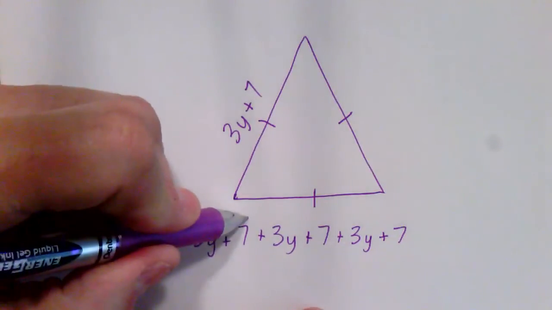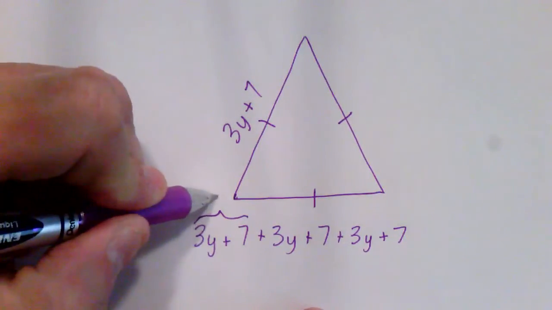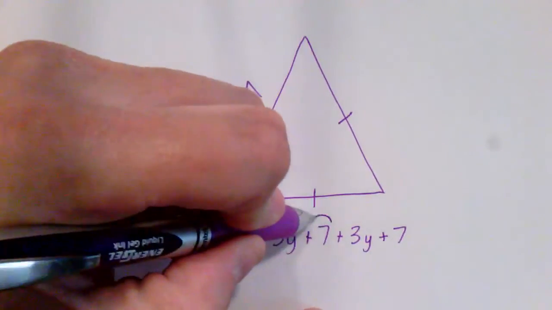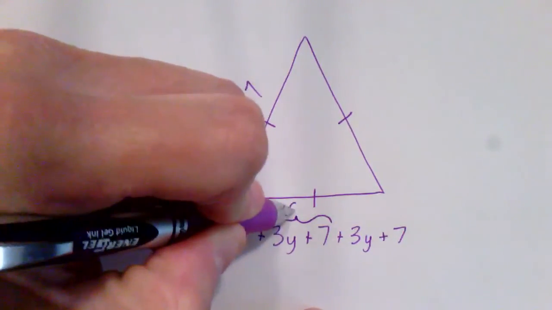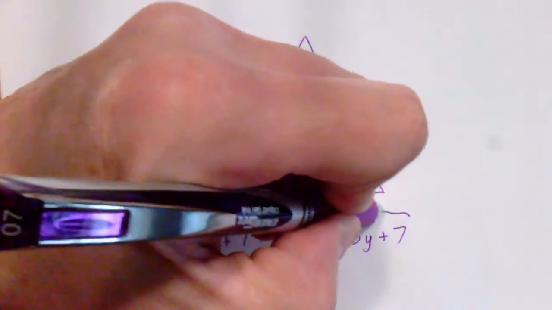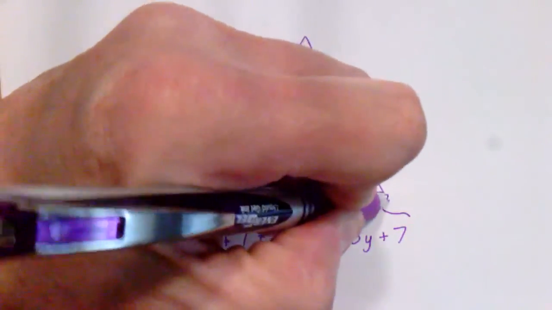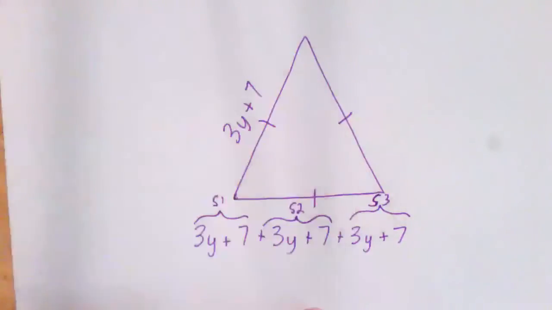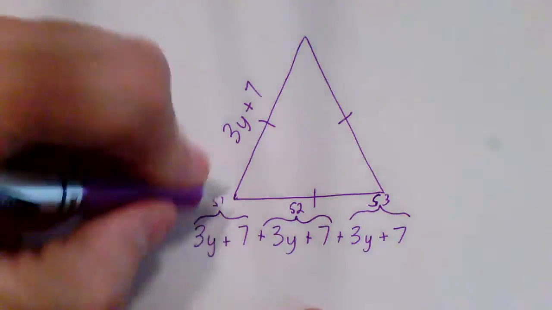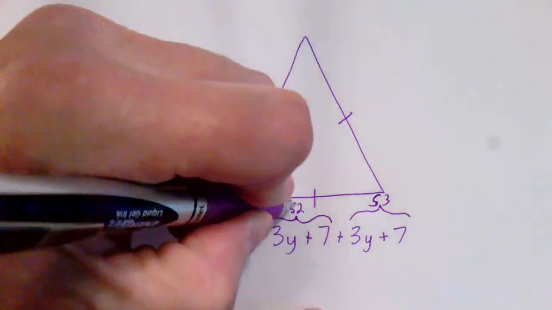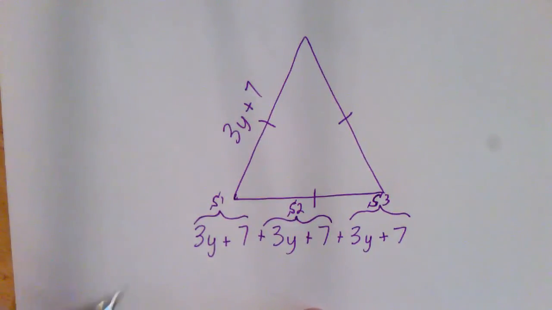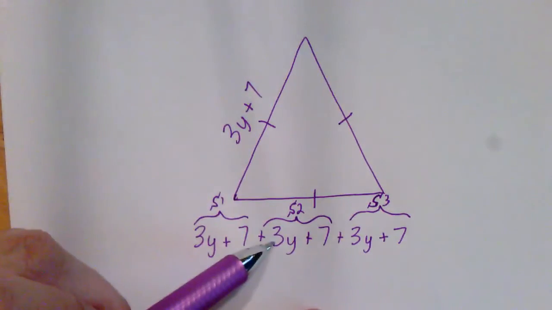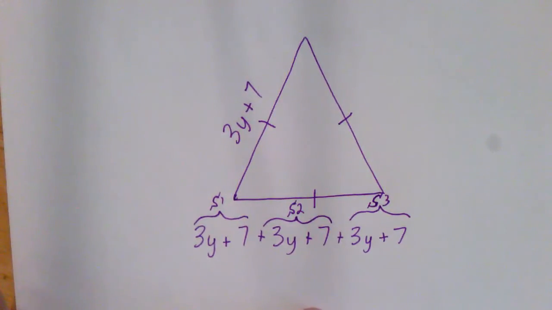Notice here's side 1. I'll put S1. Here's side 2. I'll put S2. Here's side 3. Okay, it looked like an F. What is it? It's an S, sorry. It looked like a 5. That's why sometimes I'll put little marks on my S's so it looks like an S instead of a 5. So side 1 is 3y plus 7, side 2 is 3y plus 7, side 3 is 3y plus 7.